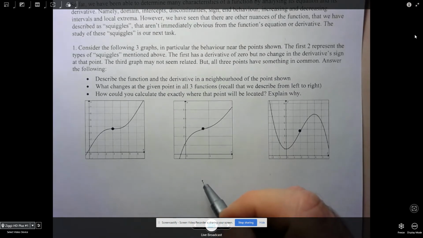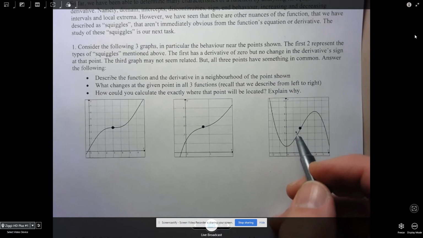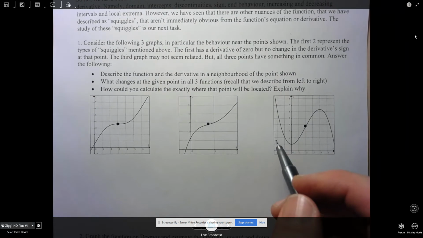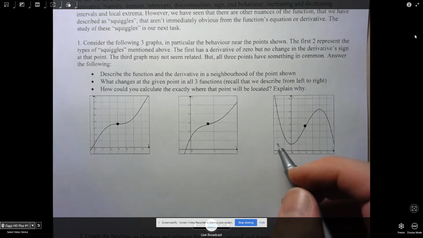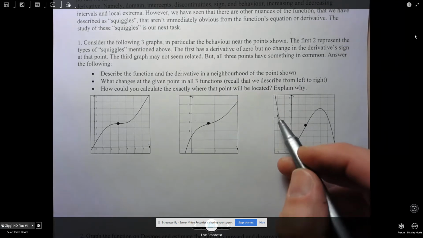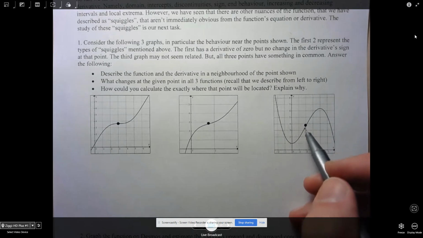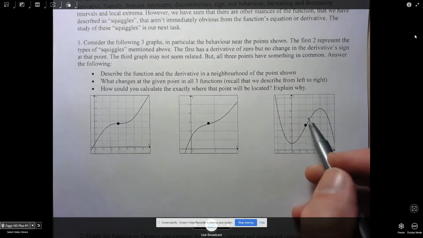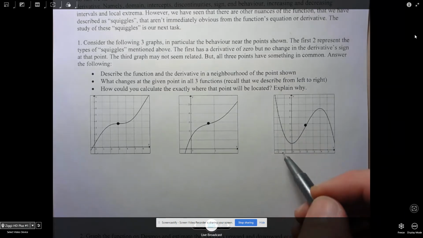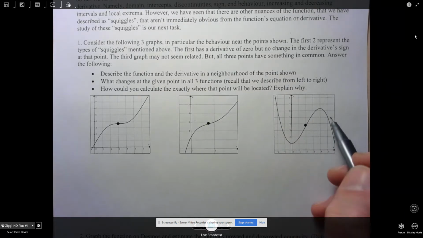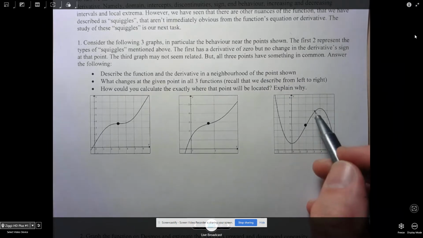Let's actually focus on the third one, because this characteristic that I'm trying to get to is something that you have talked about in your past. If you look at just this portion of this function, it almost looks like a parabola that's opening upward, and then that portion of the graph looks like a parabola that's opening downward.